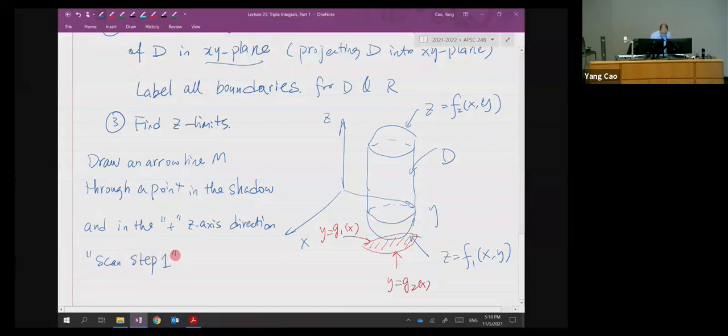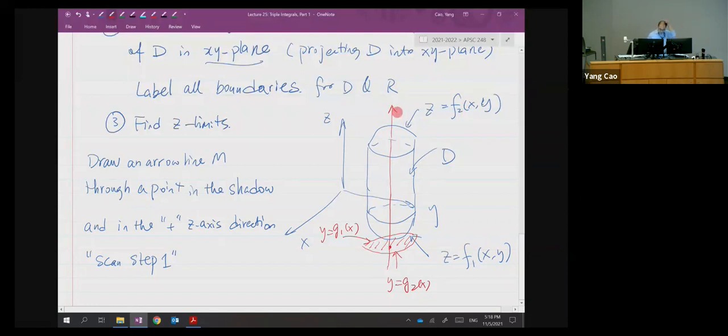Let's see what we mean by this step. First, you draw an arrow line through a point in the shadow. So you pick a point in the shadow, then you draw the arrow line in the positive Z-axis direction.